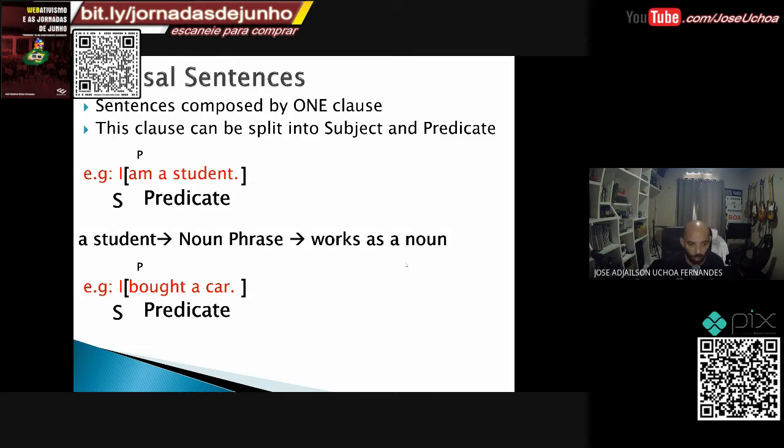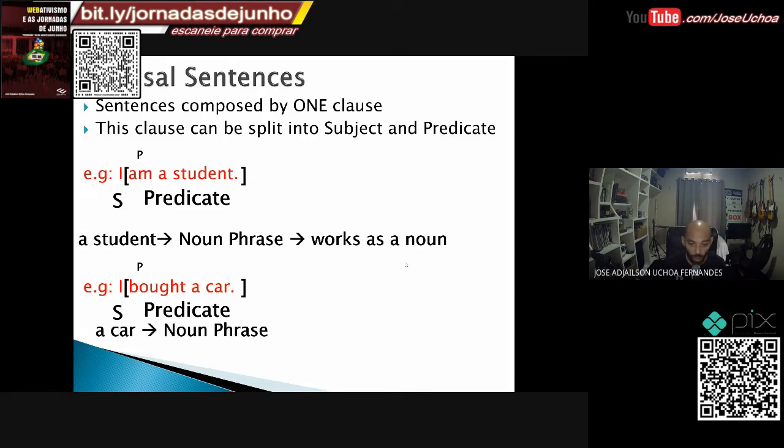What is this noun phrase? I bought something. Everything I can substitute by a pronoun is a noun phrase. Okay? If I can get a whole phrase and call it something or that or whatever pronoun you could, you can say you are dealing with a noun phrase.